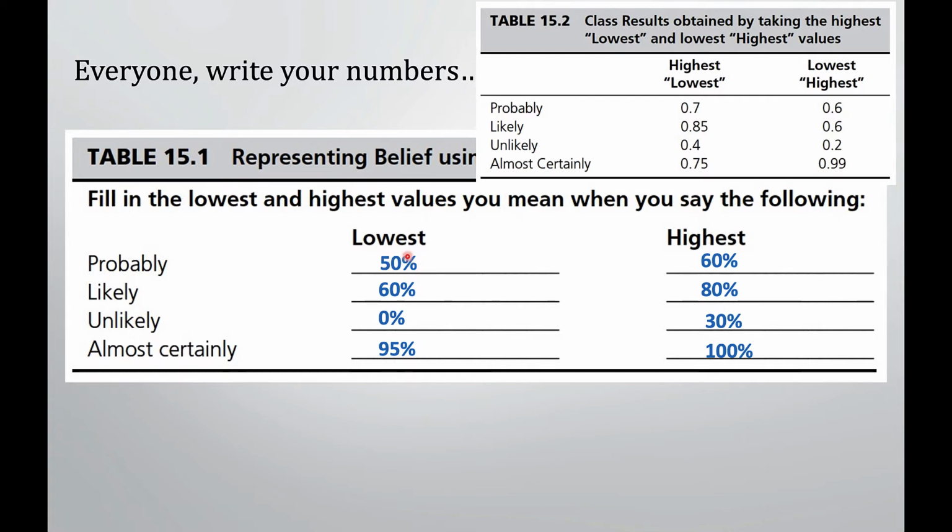He looked at the numbers his students put over here, and 0.6 is the lowest number that all his students have put under here. So as you can see, these two contradict each other, right? For example, as someone like me, when I say something is likely to happen, the highest probability I'm assigning to that event is 0.8.